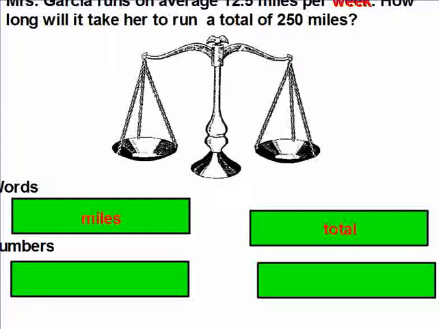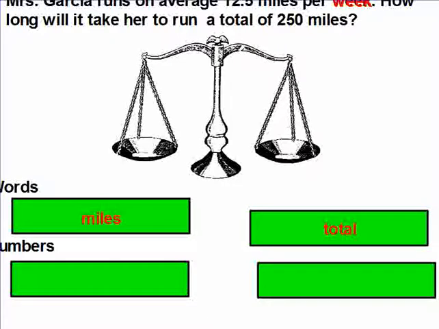Let's look at this example problem. It says Mrs. Garcia runs an average of 12.5 miles per week. How long will it take her to run a total of 250 miles? Well, I know that after 1 week it would be 12.5. 2 weeks would be 12.5 times 2. 3 weeks would be 12.5 times 3.